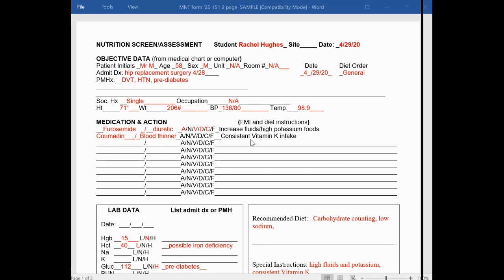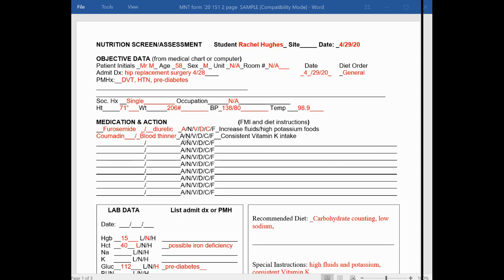But what our diet instructions are for someone taking furosemide is to increase fluids and increase high potassium foods. The second medication that he's taking is Coumadin, and he is on that as a blood thinner, and I'm going to assume it's because of his history of a deep vein thrombosis. There are no GI side effects that we can see in the book on the chart on page 175 and 176.